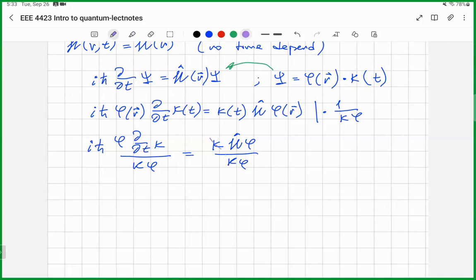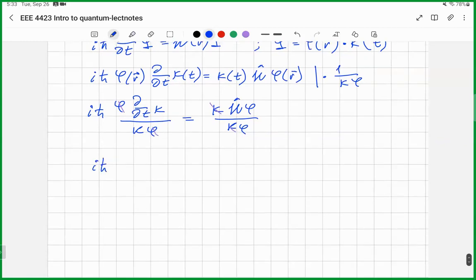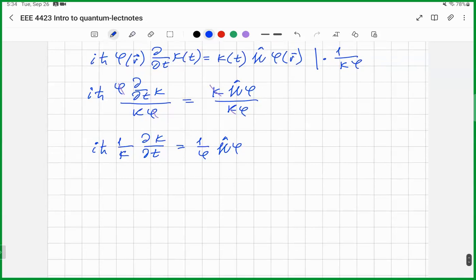Now this kappa here cancels, phi here cancels, and what I get is: one part is i h bar 1 over kappa d kappa over dt equal to 1 over phi h phi.